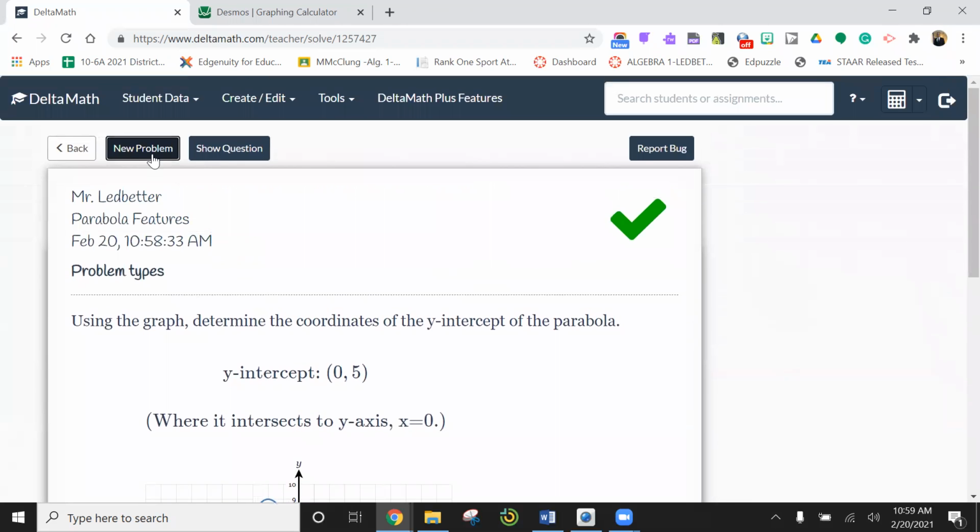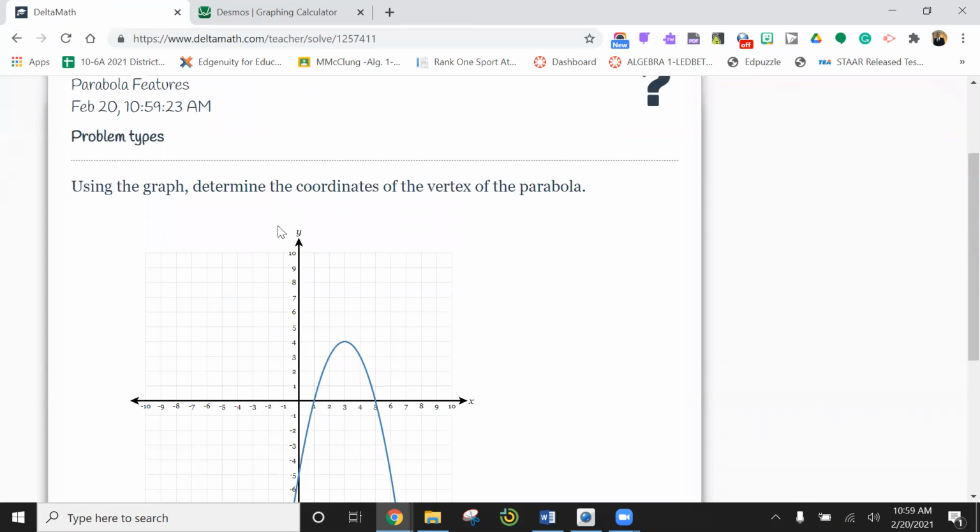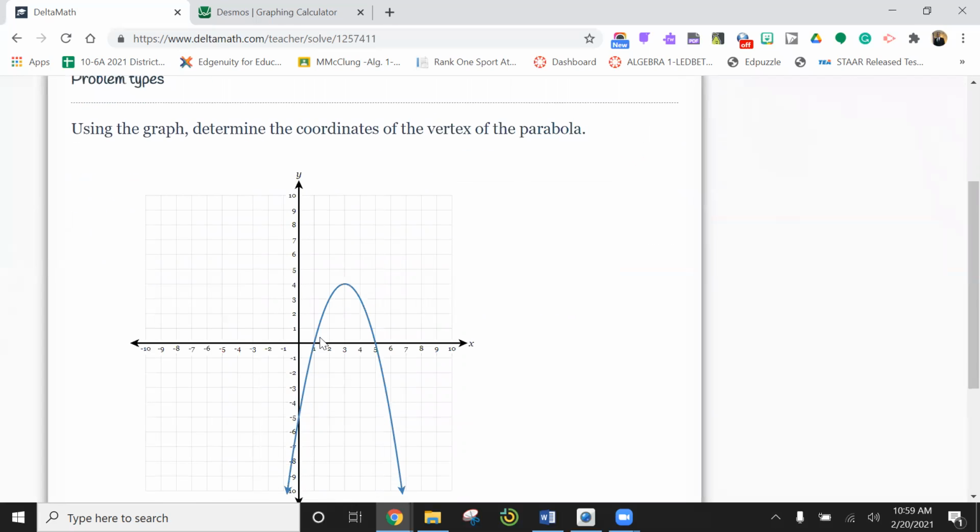All right, let's do another one: the vertex. The vertex is where our graph changes direction. It's at the peak or the lowest value it could be. This one's a max, because it looks like it's going as high as it possibly can. Max is high, minimum is low. We want to know this point here, and if you look, it goes 3 and then 4.